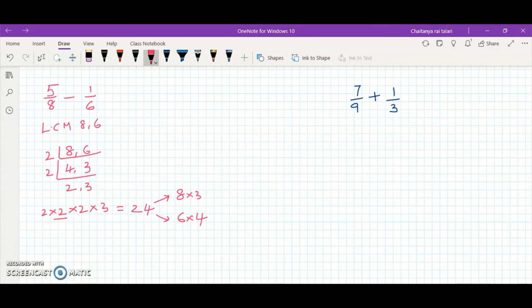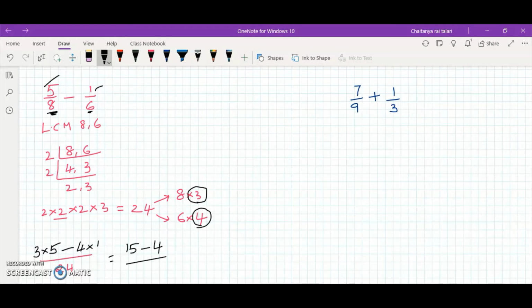This 8 cancels in 24 exactly 3 times, so I will write 3 times the numerator, which is 5. And this denominator 6 cancels in 24, our LCM, 4 times, so 4 into the numerator 1. So we get 15 minus 4 by 24. So 15 minus 4 gives us 11 by 24.